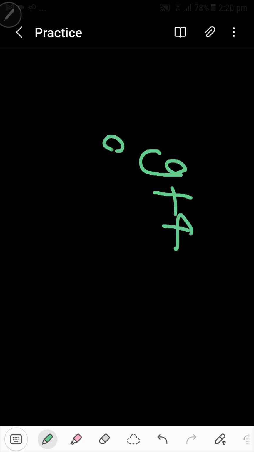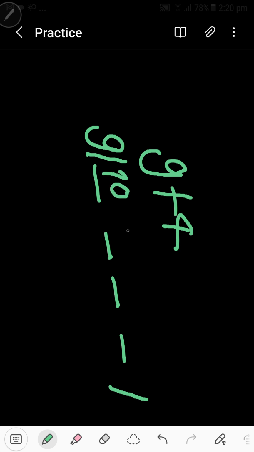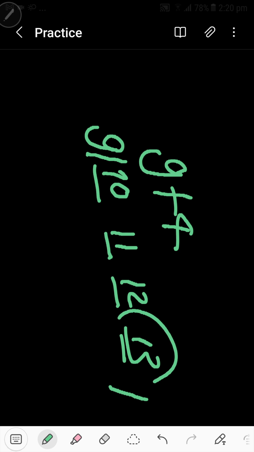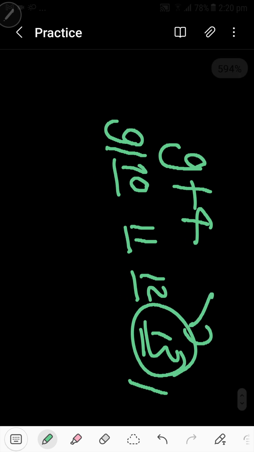Question number 3. Let's do another one. 9 plus 4. Again, the same thing. Start from the 9 and go 4 positions. So 1 position, 2 position, 3 position, and 4 position. Now let's add them: 9, 10, 11, 12, 13. That is the number we land on, and that is the answer.